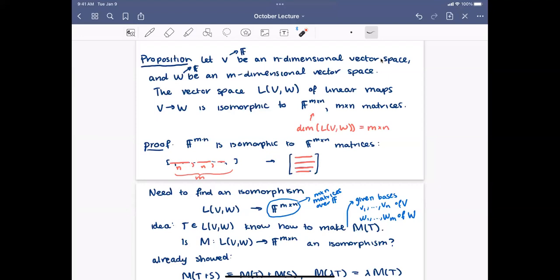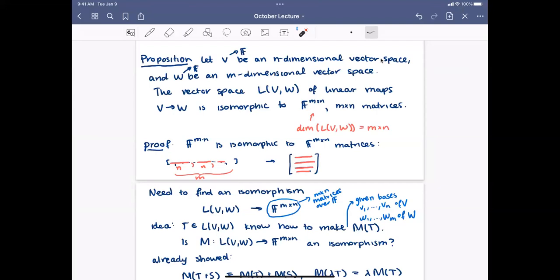Then it wouldn't be injective, right? But they do this for every basis vector, every v_i.